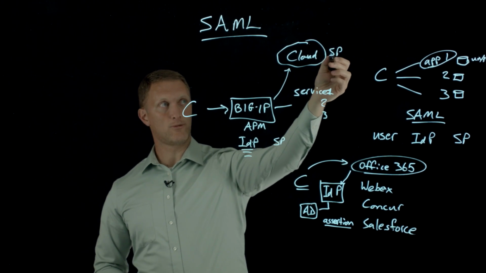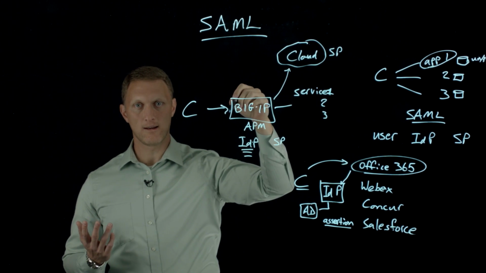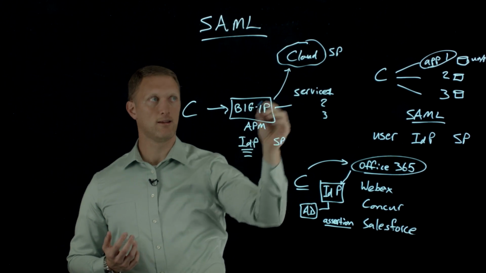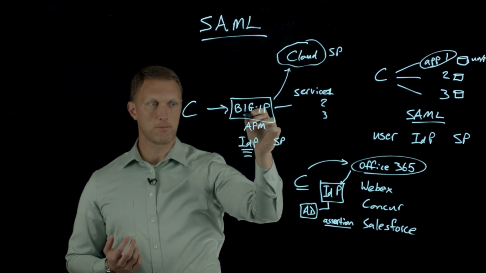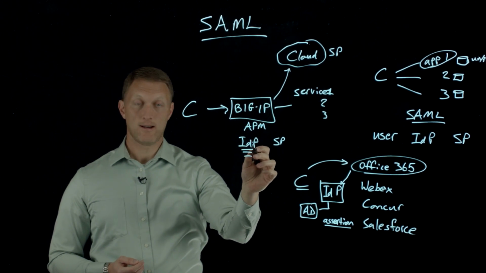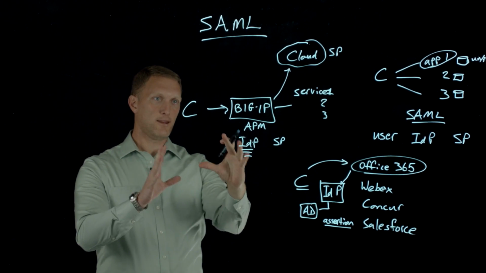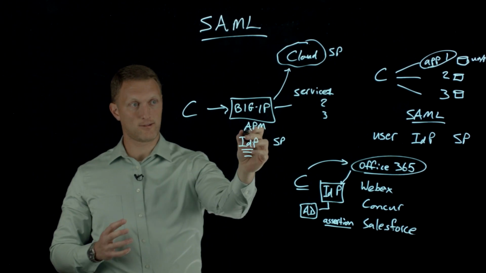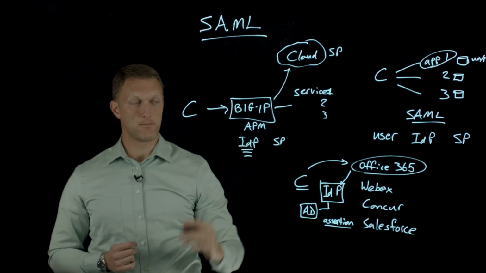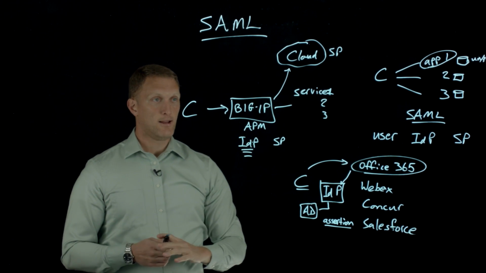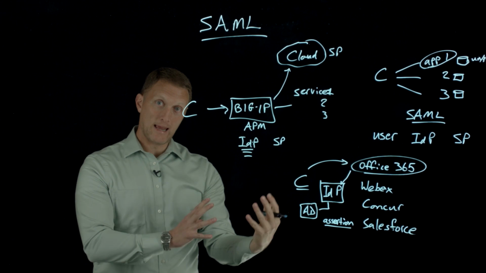The service provider would then say, hey, I need to talk to the identity provider before I give this client access. The service provider would come back to your BigIP as the identity provider, and then it would give you access. So the BigIP can do a lot of things via the Access Policy Manager, the APM, and it can act as the IDP and the SP.